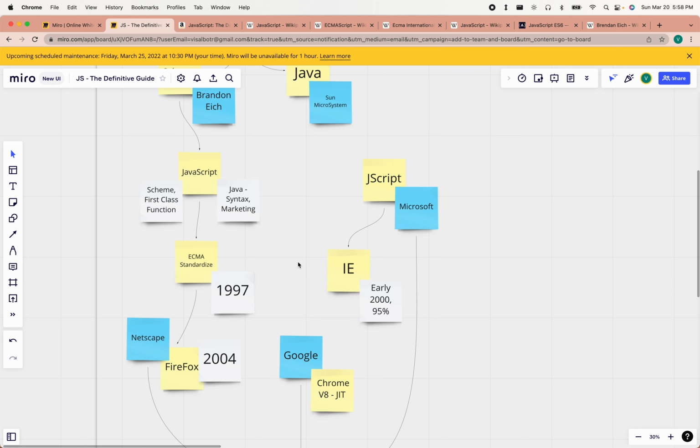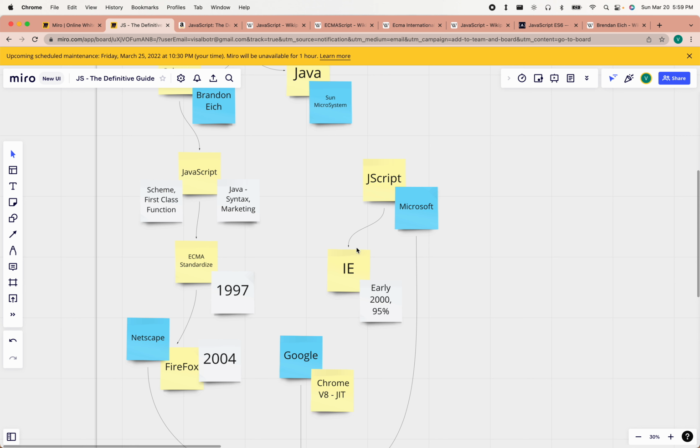There was a battle between these two companies, because at some point, when you tried to build a website at that time, you needed to think: will it look good on Netscape or will it look good on Internet Explorer? And in the early 2000s, Internet Explorer had a big market share of 95%.